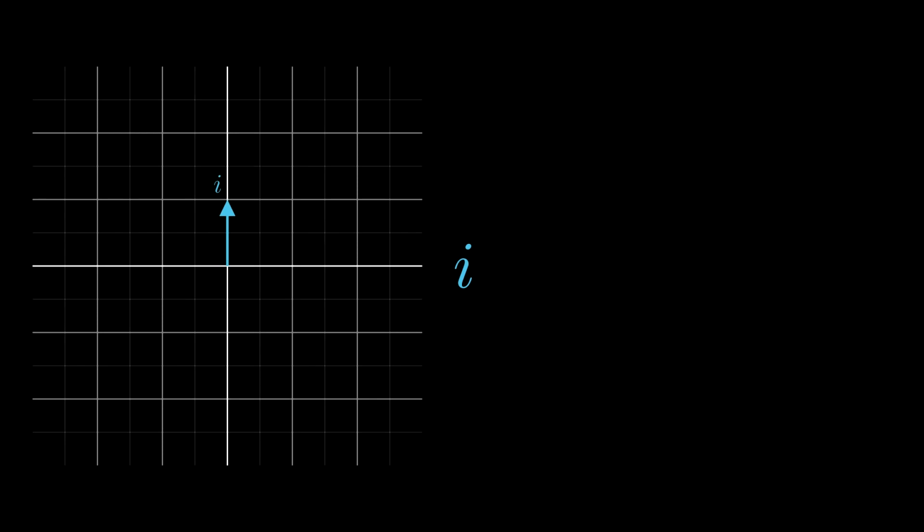So, like any other number, it's got two actions, addition and multiplication. First, addition's easy, you just follow the arrow, and it tells you to move up one step. Great. Now for multiplication, again we have a stretch and a rotate, so let's start with a stretch. Remember, the stretch only cares about the length of the arrow, which in this case is 1, because the number is a single step, going 1 up, right?